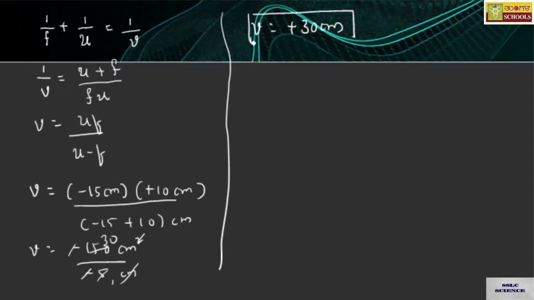Therefore you are left with v is equal to plus 30 centimeter. I mentioned in the earlier class that image distance in case of convex lens is always positive. So if you got those tricks right, these types of problems will not give you any confusion.